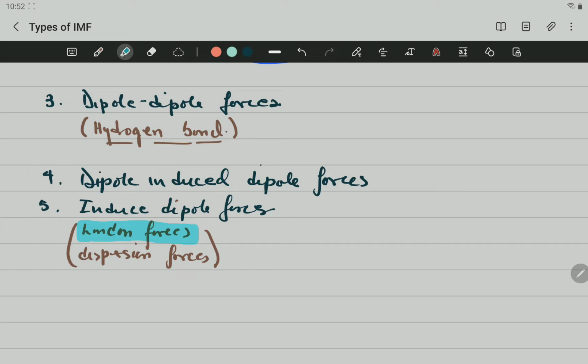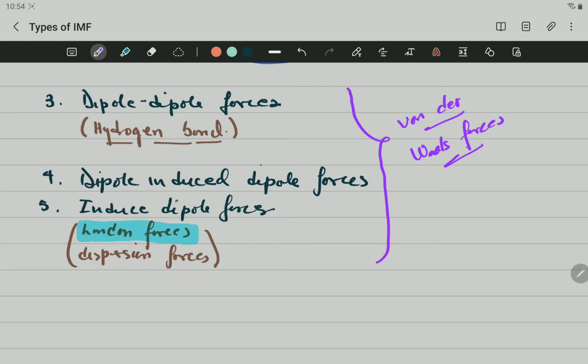Note, all these forces here belong to a group of forces called van der Waals forces. I'm sure you can pronounce this surname much better than I do.